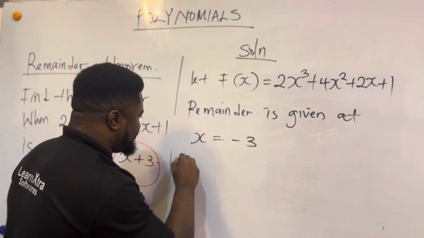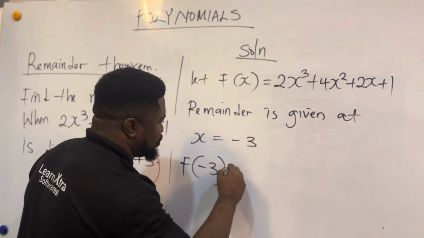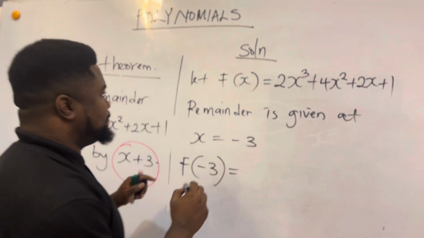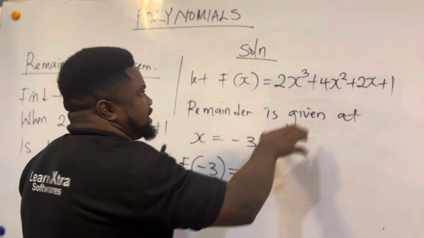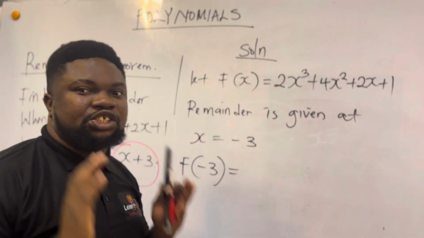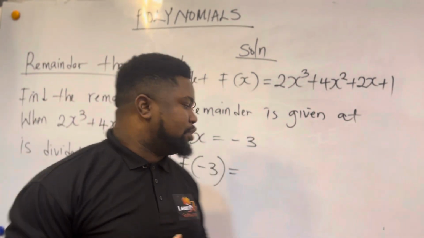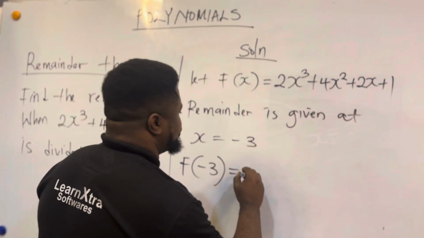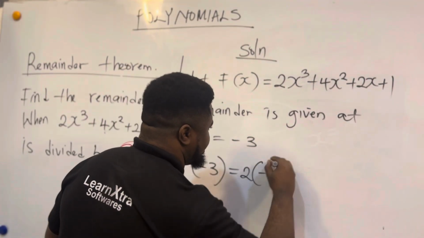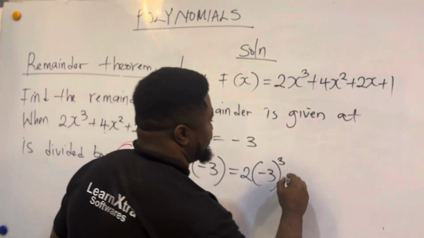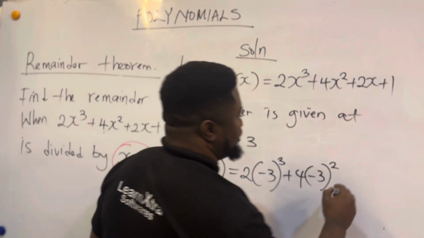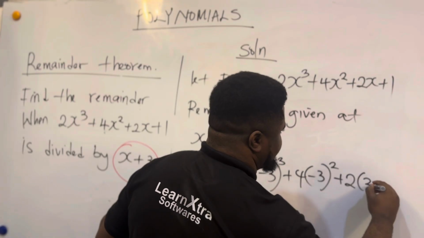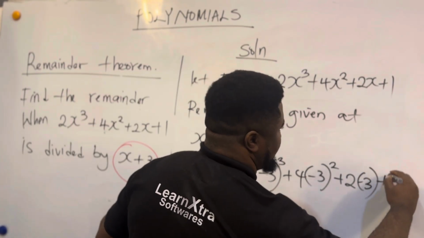So f of minus 3 will now be, taking all the x and putting minus 3 as all your x, just the way we solved in the first example. So that will be 2 into minus 3 cubed plus 4 into minus 3 squared plus 2 into minus 3 plus 1.